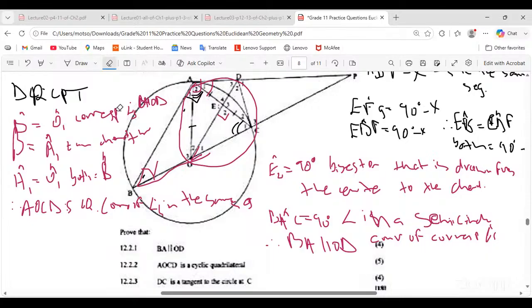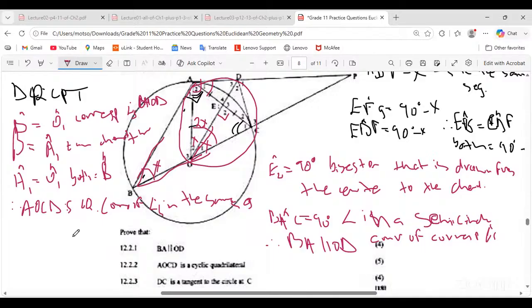When I let this angle be x, this angle will also be x. Why? Because these lines are parallel, right? These angles are equal. This is the angle at the circumference. What will the angle at the center be? It will be 2 times x. So the whole of this angle is 2x. We already have x here, meaning this one will also be x.